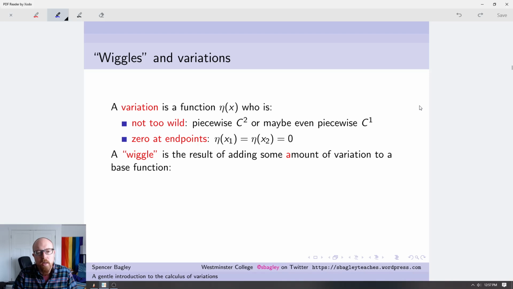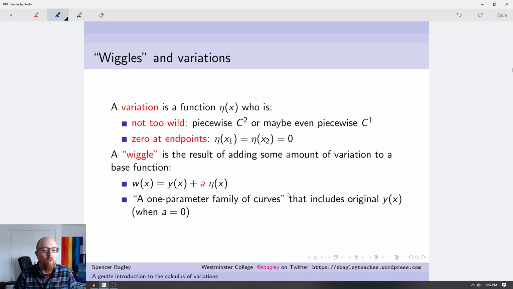And then a wiggle is what I call, and this is not a standard term, what you get when you add some amount of variation to a base function. So I'm going to write it like this. A wiggle is our original y of x plus a times eta of x. What is that a doing?